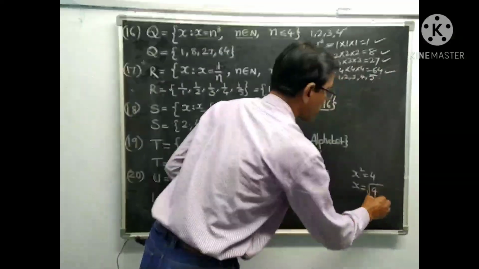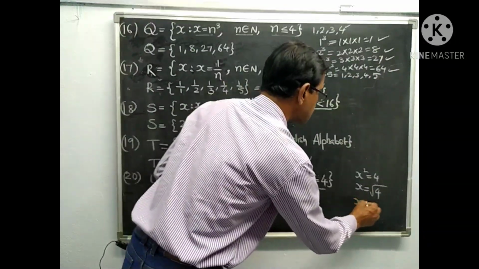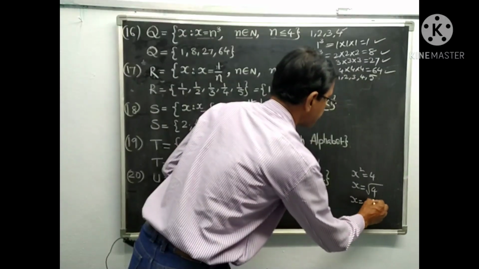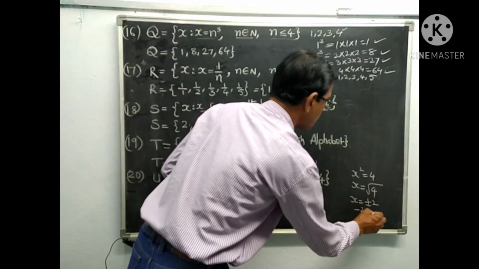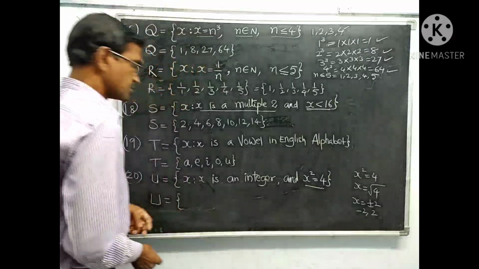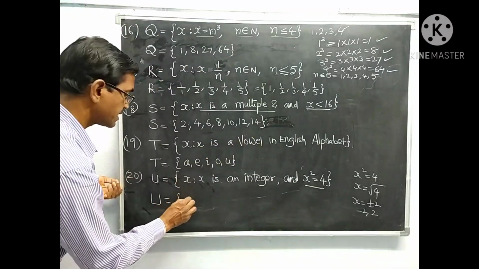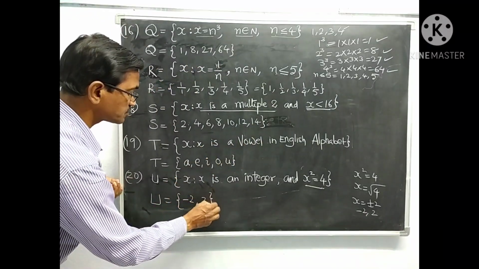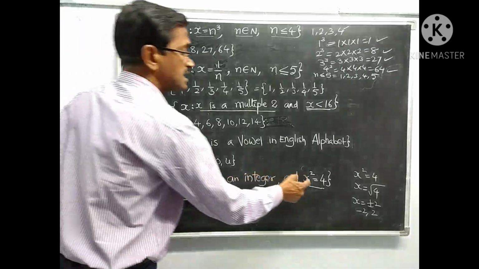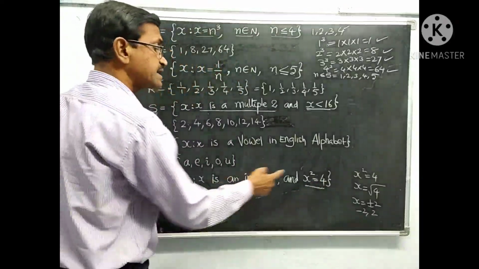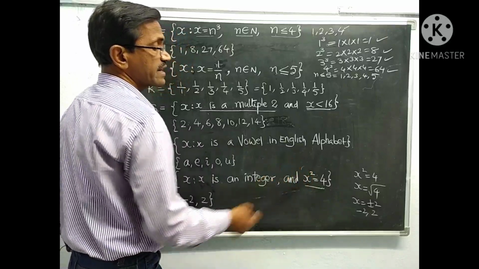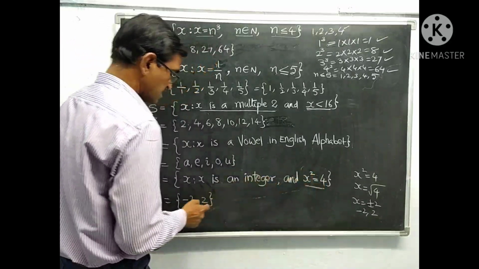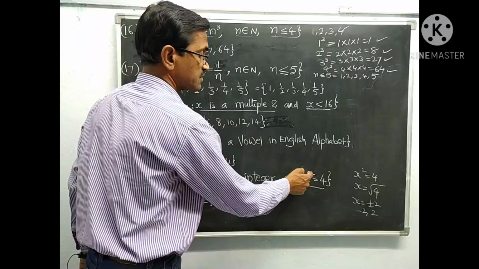Square root of 4. Square root of 4 may be plus or minus 2. That means minus 2 or plus 2. So x takes the values minus 2 and plus 2. Both values satisfy this equation. If you write minus 2 here, minus 2 whole square is 4. If you write plus 2 here, plus 2 whole square is 4.